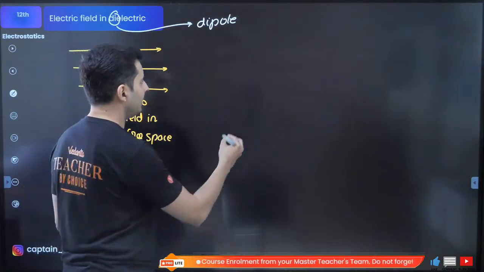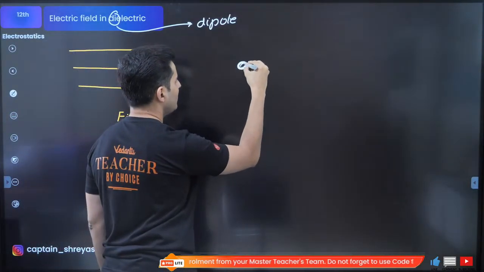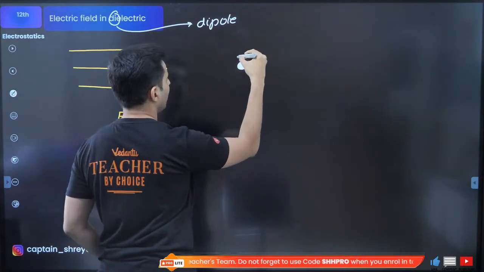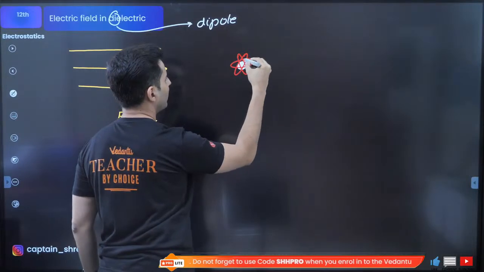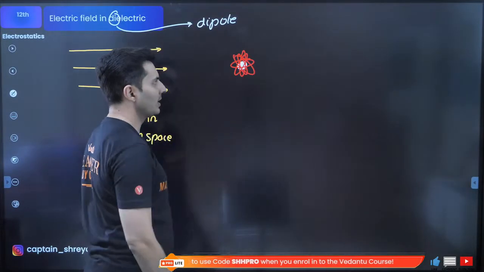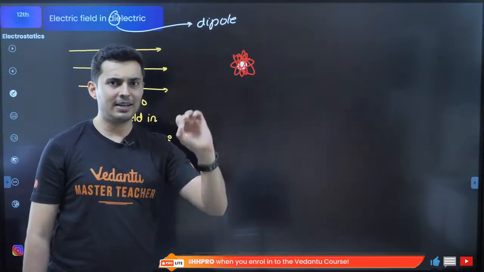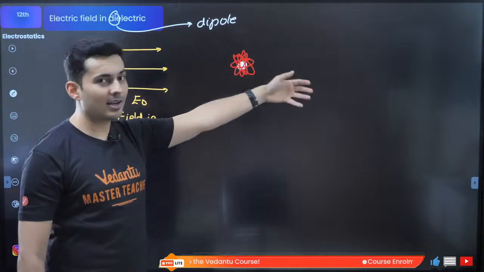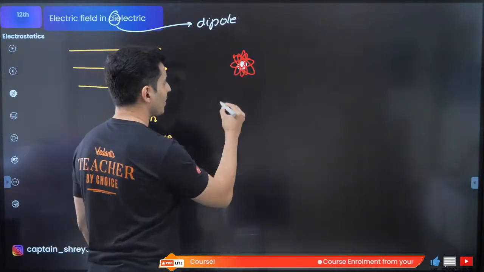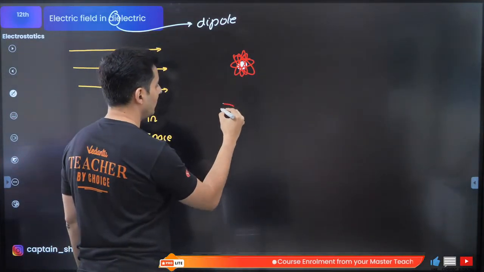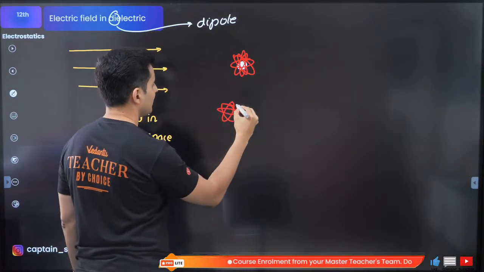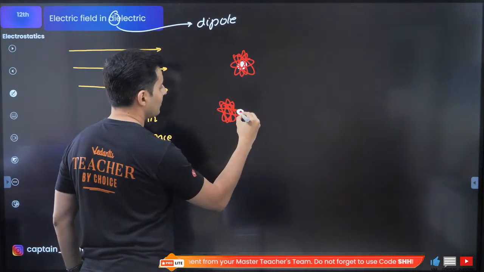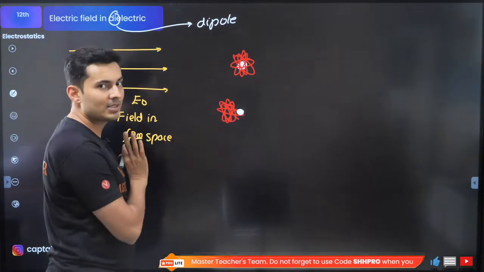See, in an atom you have this nucleus and you have this beautiful electron cloud, beautiful electrons which are revolving around the nucleus. Usually the positive and the negative centers are aligned. It's non-polar. But the moment you apply an electric field, what happens is the electron cloud basically shifts. The electron cloud shifts, and you will see the positive charge will be somewhere here and the negative charge will be somewhere here.